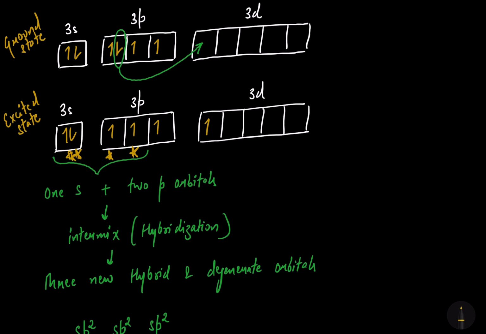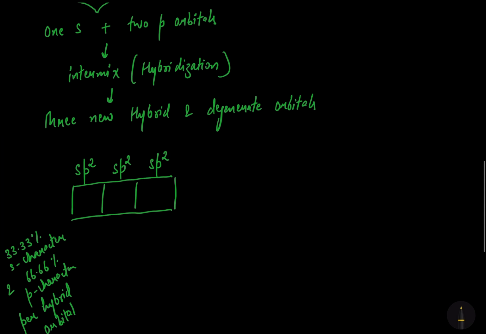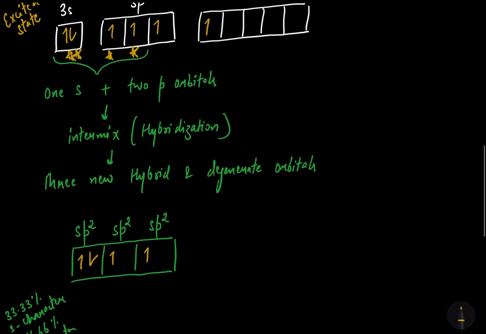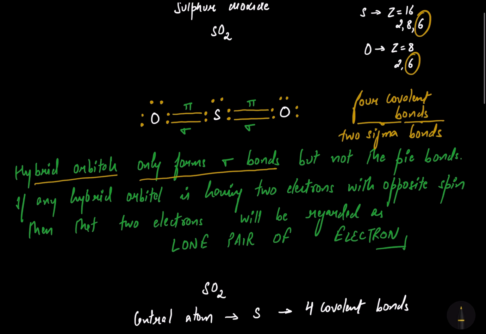So there will be a redistribution of 4 electrons in sp2 hybrid orbitals. We are going to fill those 4 electrons according to Hund's rule: the first electron, second electron, third electron, and the fourth electron in the first sp2. Now let's come to the first point that I have told you.